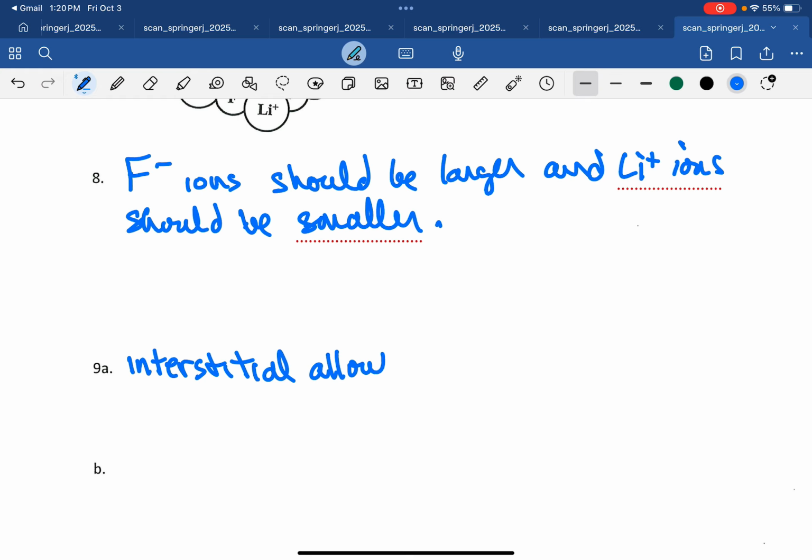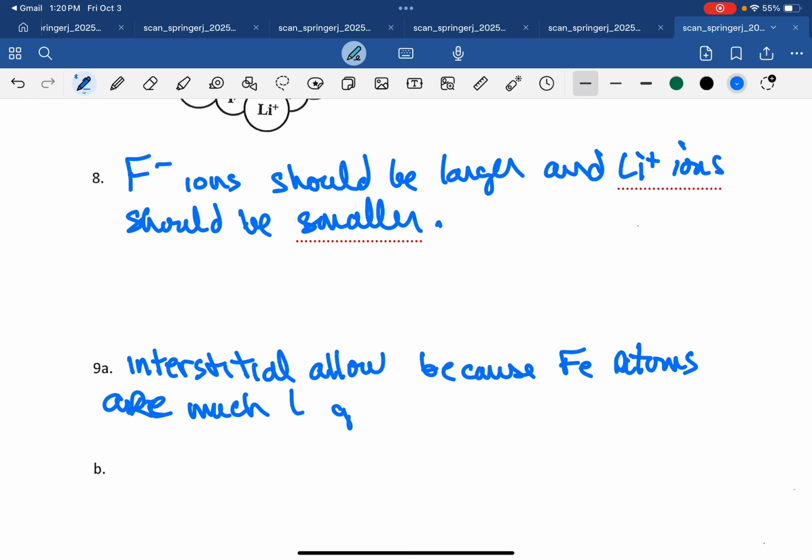So 9A asks whether it should be a substitutional or an interstitial alloy. We just answered that. Interstitial because the iron atoms are much larger than the carbon.